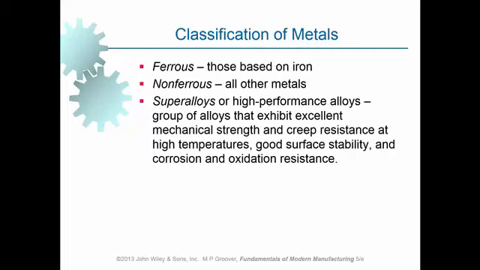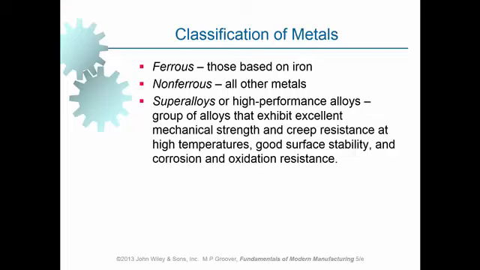And how do we classify metallic materials? The broad classification is listed here. We divide them into ferrous and non-ferrous metallic materials. And which one is of common use? Of the two types, ferrous and non-ferrous, 75% of the tonnage of metallic materials goes to ferrous metals.